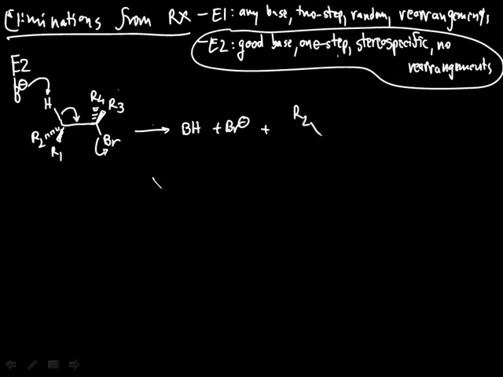But in the alkene, the relationship between the substituents, which was present in this anti-periplanar conformation, will remain preserved. So R2 and R4, when on the same side, will remain on the same side, and the same applies for R1 and R3. And this is what we call a stereospecific reaction.